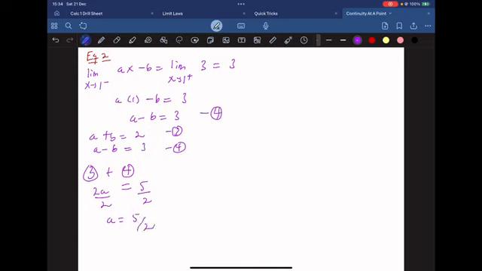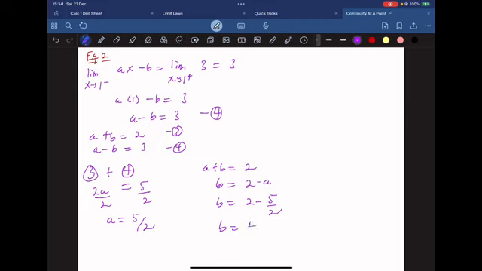To find b, we can make b the subject in either equation 3 or equation 4. Let's say we make b the subject in equation 3, meaning b will be equal to 2 minus a. So b is equal to 2 minus, now a, we know it to be 5 over 2.